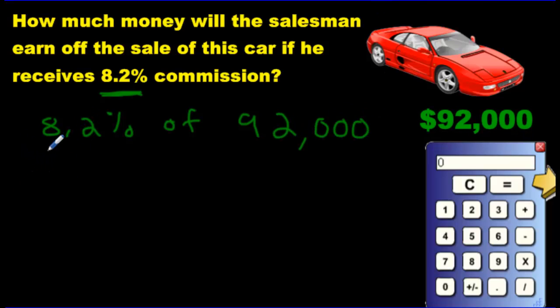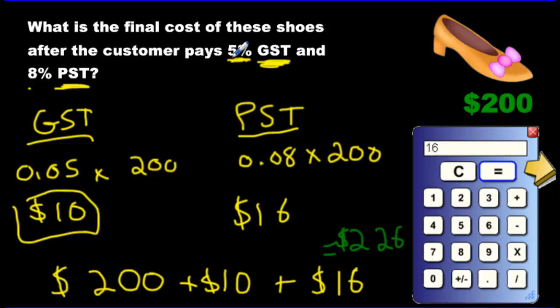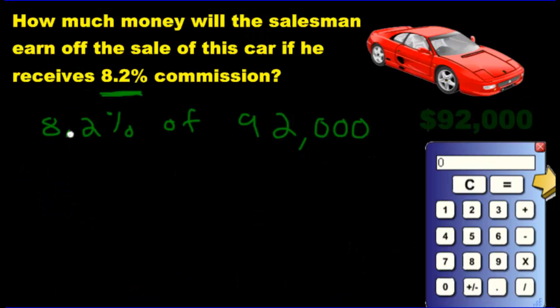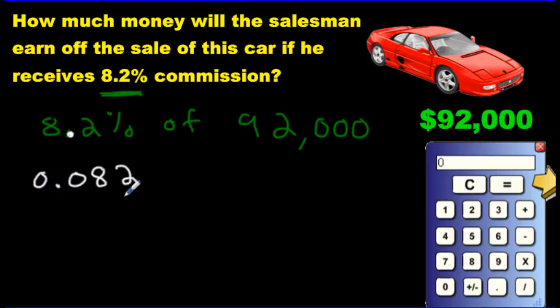Great. Turn that into a decimal. Hey, Mr. Melham, it's already a decimal. Look, the decimal's right there. Well, all these other questions had decimals, like 5%. That doesn't mean we just leave it like that. 8.2% is still a percentage. We need to move that decimal back twice by dividing by 100. 8.2% becomes 0.082, times $92,000.